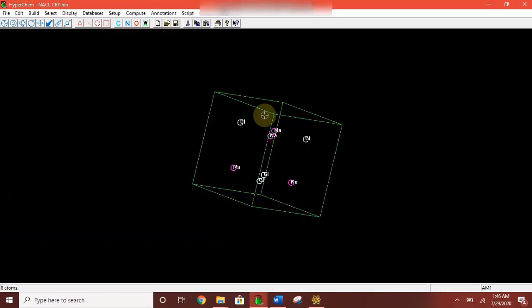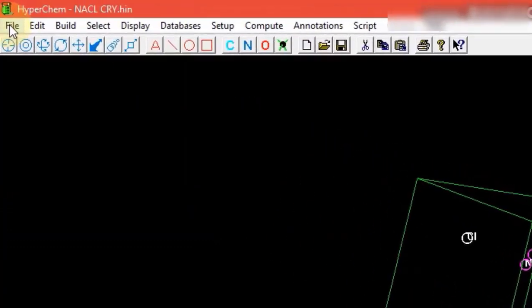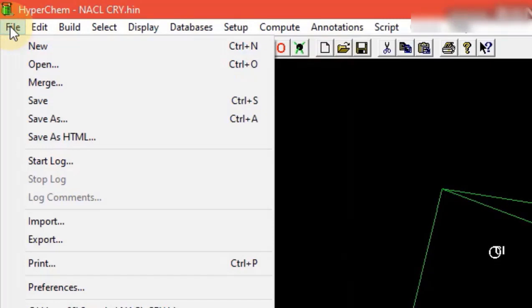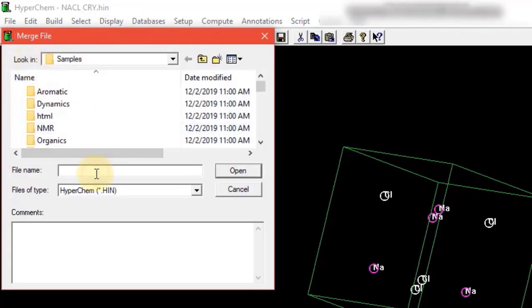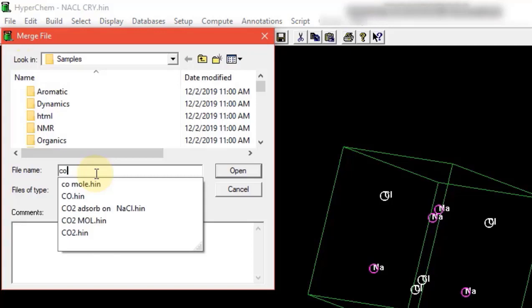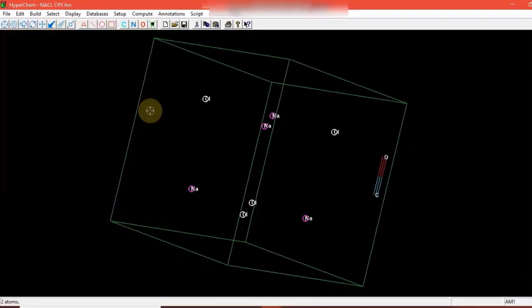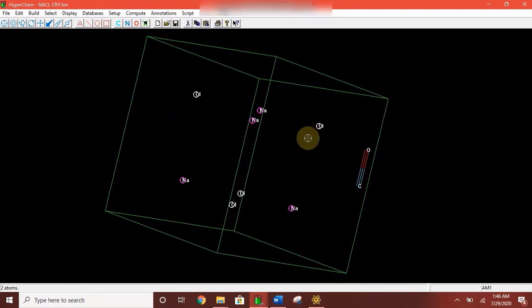You have the NaCl crystal now. Now again click on the option file, select the option merge, write here CO, carbon monoxide molecule. Now here you have a merged structure of the carbon monoxide on the NaCl molecule.